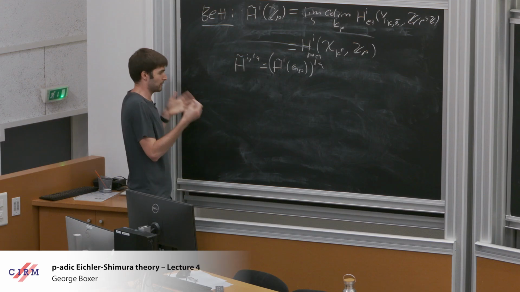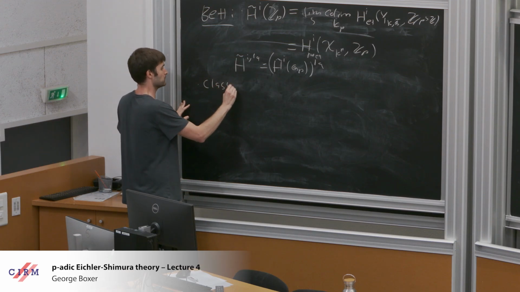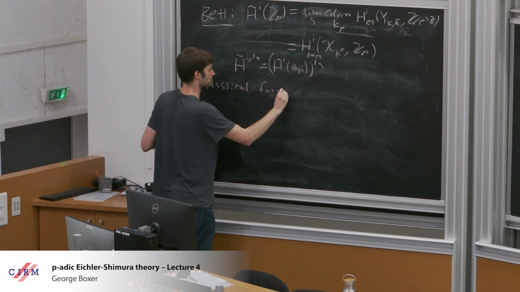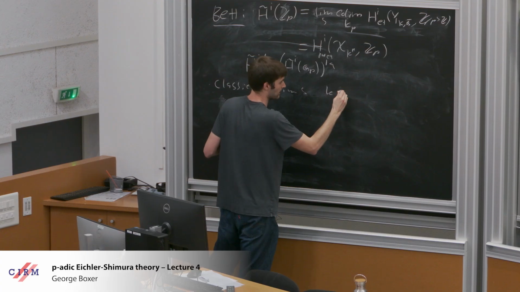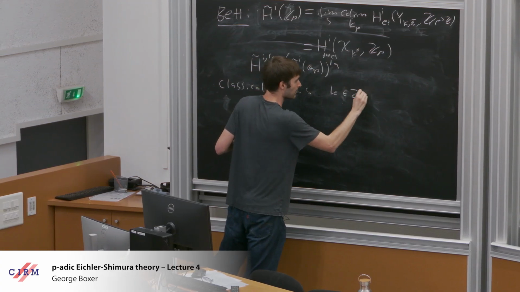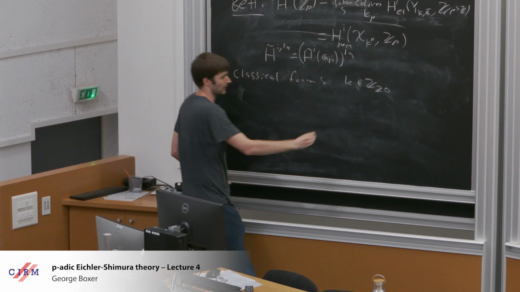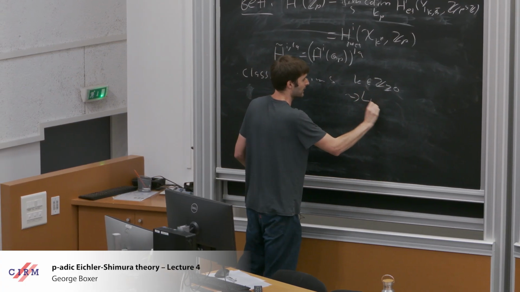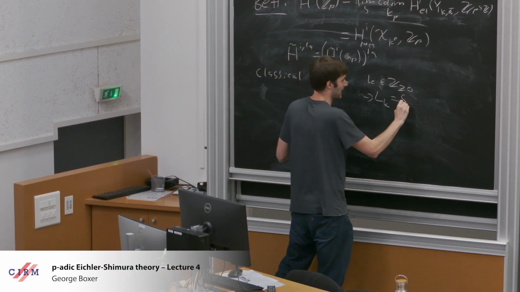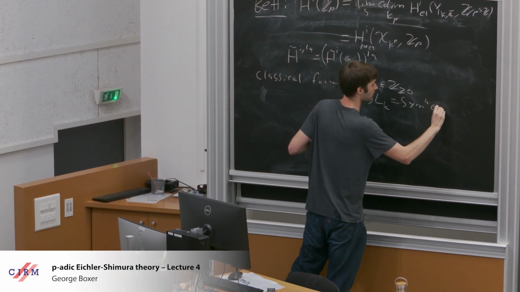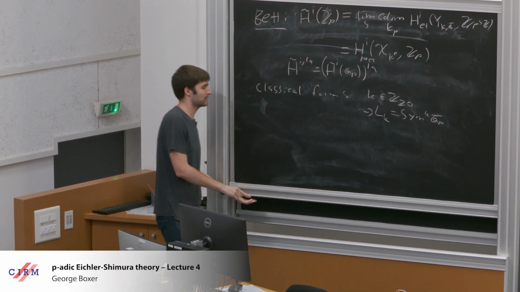And so the kind of spaces that we want to consider, there's the classical forms. We're going to take k to be a non-negative integer. Associated to that, we get a representation, which I'll denote by L_k. This is the highest weight k representation of GL_2, so this is just Sym^k.